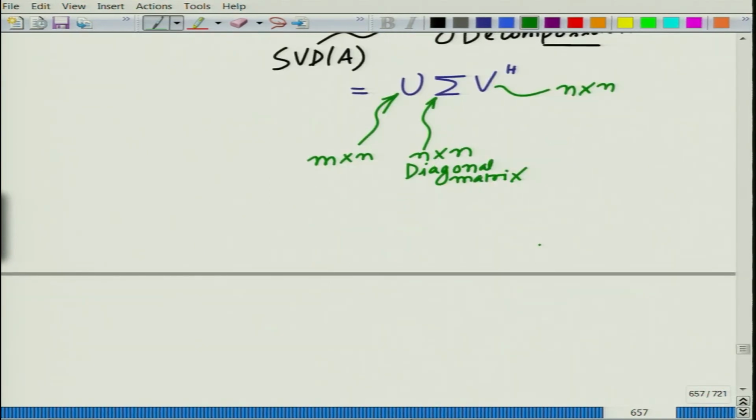So, this will be an N cross N diagonal matrix of the singular values. You have sigma 1, sigma 2, so on up to sigma n, and these are non-negative arranged in decreasing order. That is essentially your properties of the singular value decomposition.